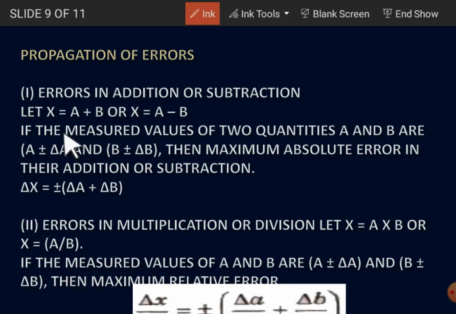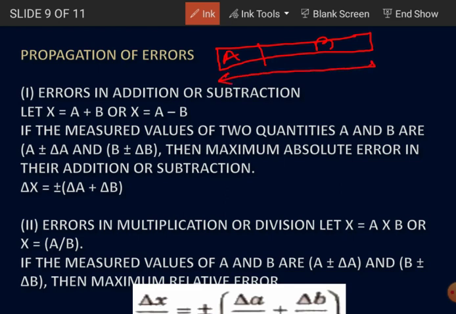If x is a physical quantity, meaning a measurable quantity, suppose you are going to measure the length of a given body. If you divide it into two parts, one part A and another part B, and the length is not continuous, you need to measure the length of A separately and the length of B separately.